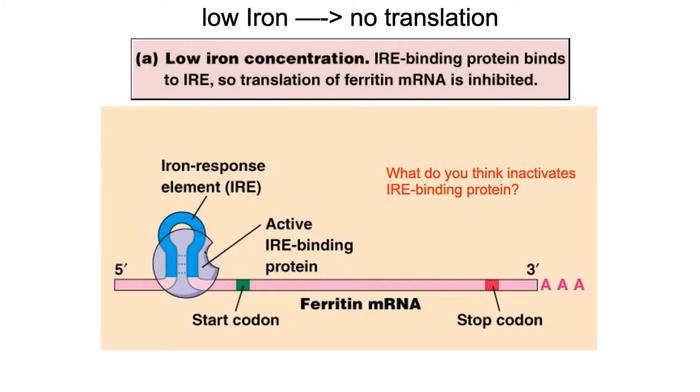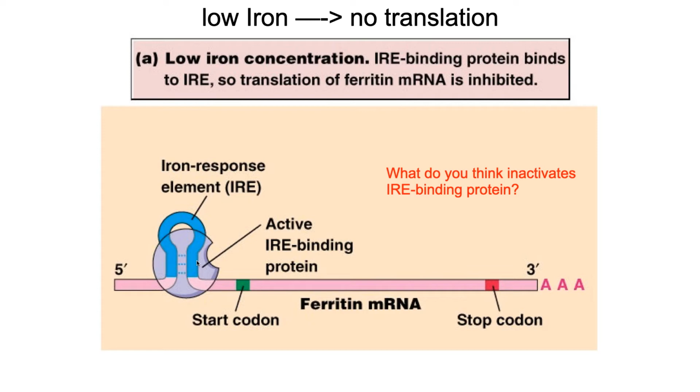It forms a stem loop because there is some complementary base pairing there. Now, this IRE is recognized and bound by an RNA binding protein called an IRE binding protein. That means that it binds to this stem loop within the RNA.